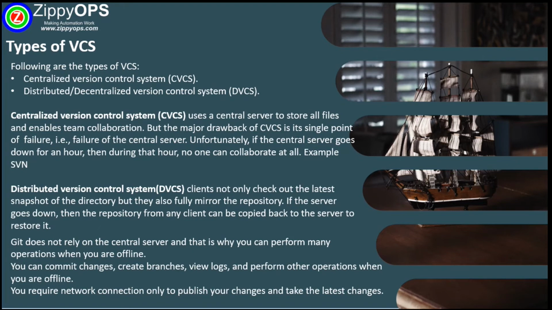Let's say I have 100 users connected to the version control system; my server should have the capacity to handle 100 users concurrently, working on the server directly in a remote mechanism.